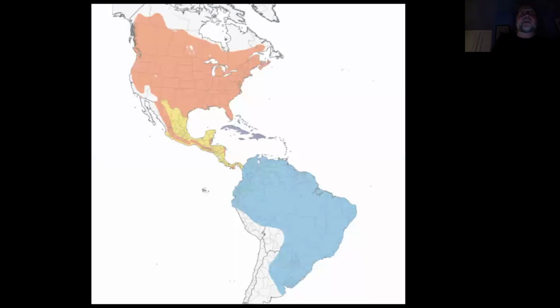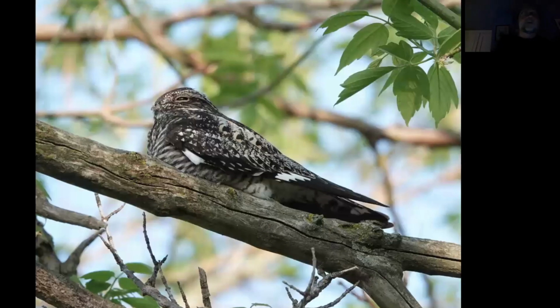Now here's another neotropical migrant songbird with a wide range in South America in the winter and a wide range in North America in the summer. It's our common nighthawk, another one that feeds on flying insects, but as the name implies, crepuscular or even nocturnal, eating a lot of moths, beetles, and other insects that it takes on the wings.